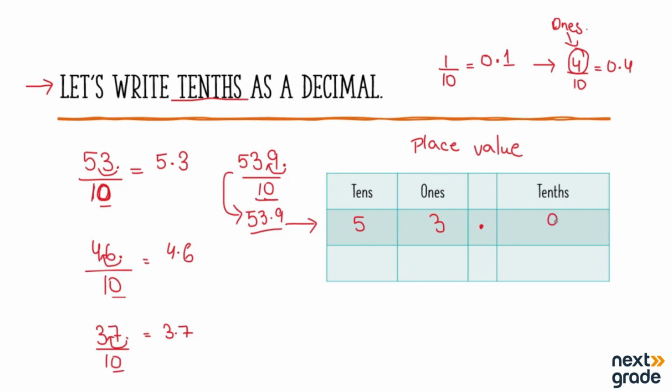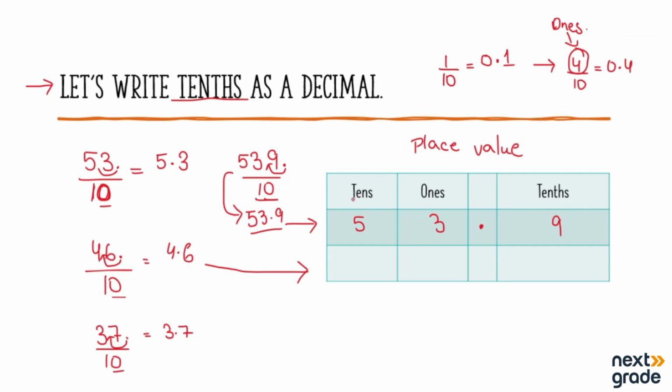At tenths place it's 9. Let's just erase this mistake and write again. That is 9.